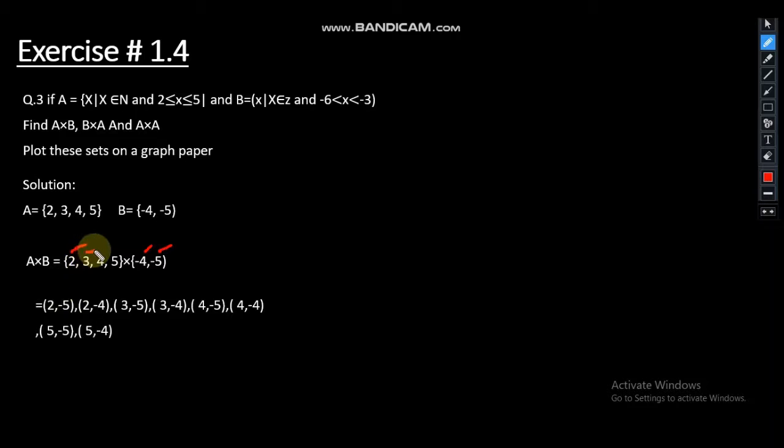Now we multiply 3 into -5 and 3 into -4. Then 4 into -5 and 4 into -4, and 5 into -5 and 5 into -4. This is the cross product here.